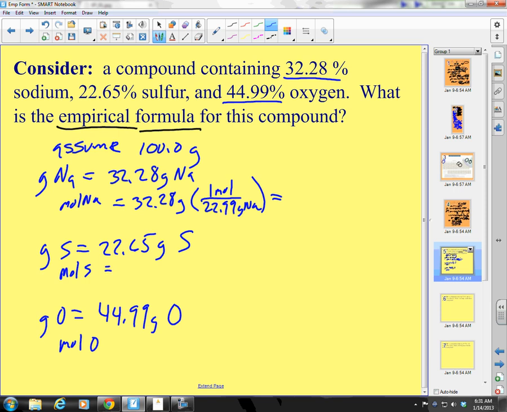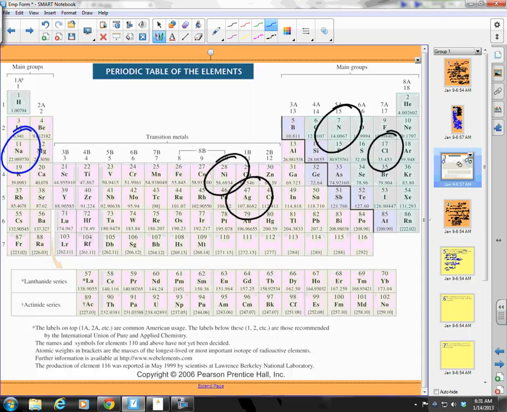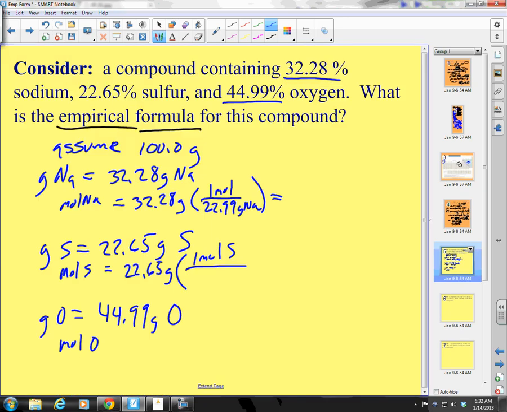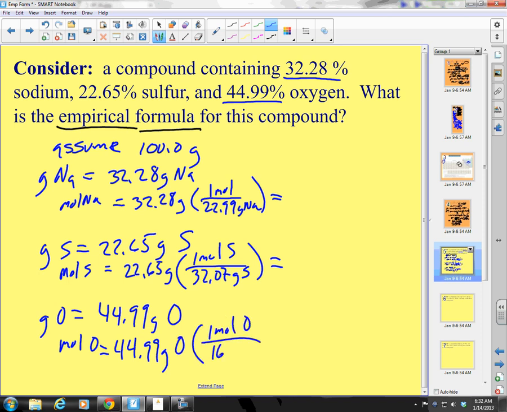Sulfur is equal to what? 22.65 grams times 1 mole of sulfur per what? 32.07. We're going to go with 32.07 grams of sulfur. And then moles of oxygen: 44.99 grams of oxygen times 1 mole of oxygen per what? 16.00 grams. Got it.